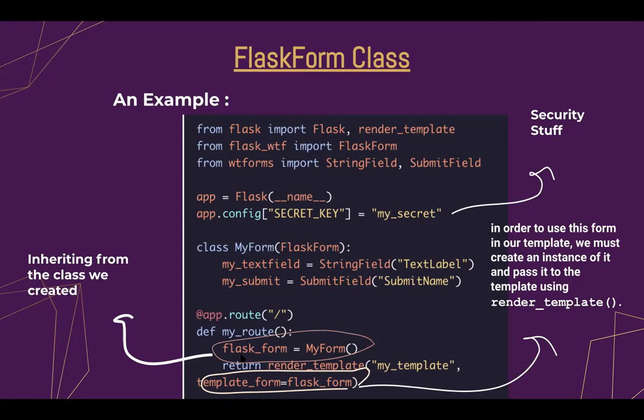Now I want to use it for the user to actually see what I've done, so the front end. For the front end to understand what I mean by Flask form, I need to render the template. Inside the render template, which we had in session 2, I set template form equal to Flask form. So template form is what I can use in my HTML files. It's the same as Flask form, but it's suitable for HTML, basically.